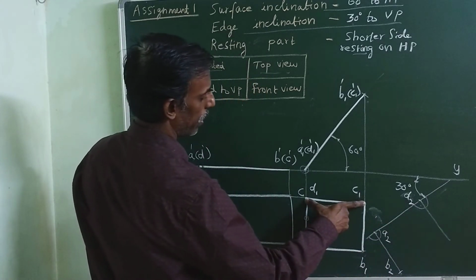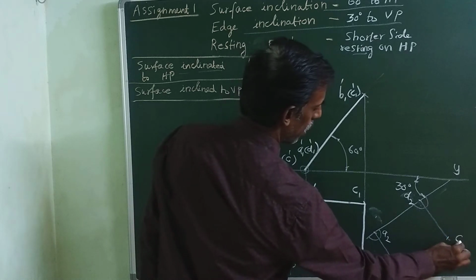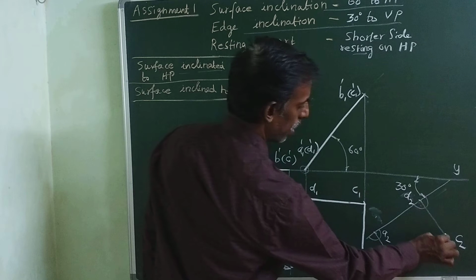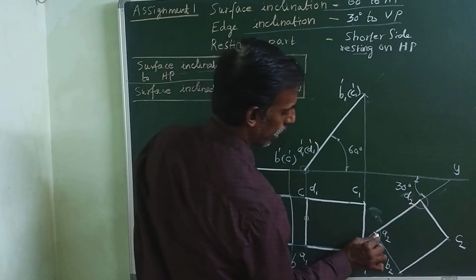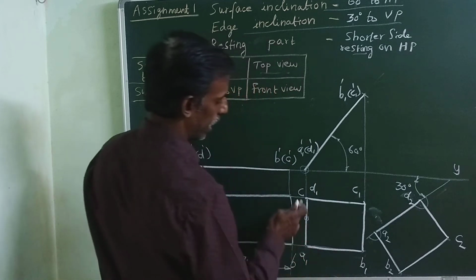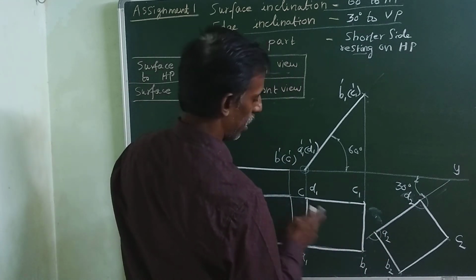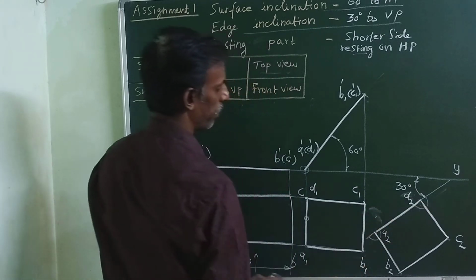So transfer DC. The same top view here I am going to rotate in such a way that resting edge AD should be inclined to VP.